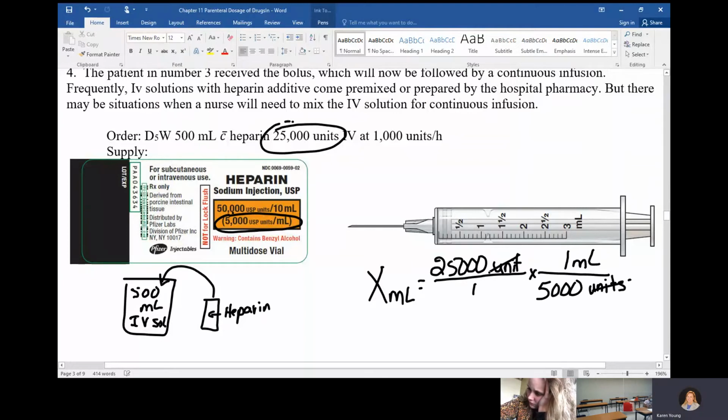So my units cancel. I can cancel my zeros. And now I have 25 divided by 5, right? So how many milliliters am I going to add? 5. Can I give it in that syringe? No. I'm going to have to chase down probably a 10 milliliter syringe is what I would use.